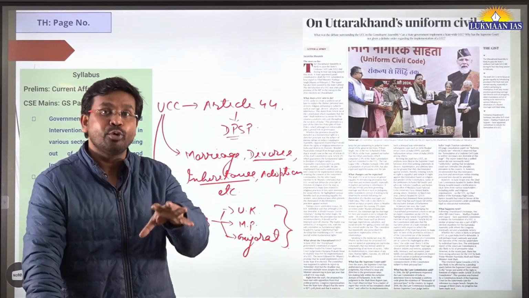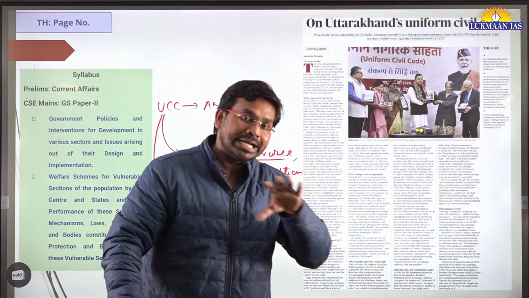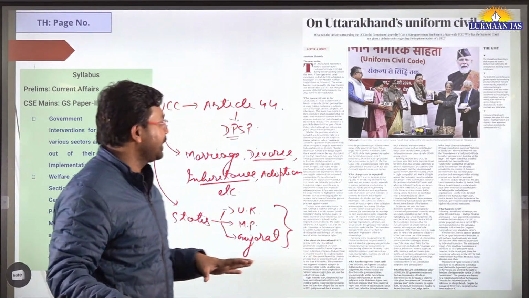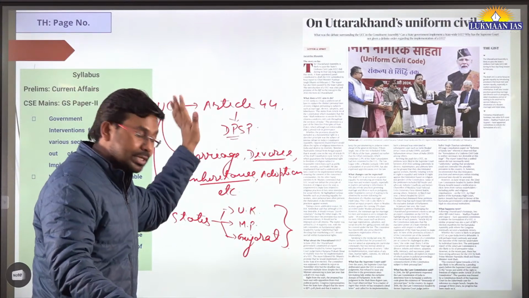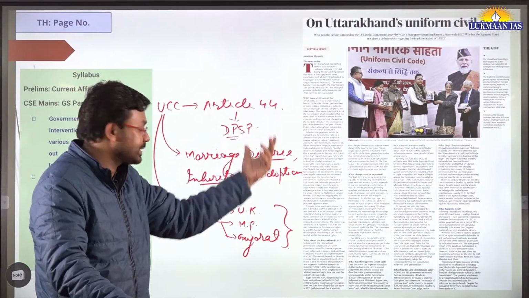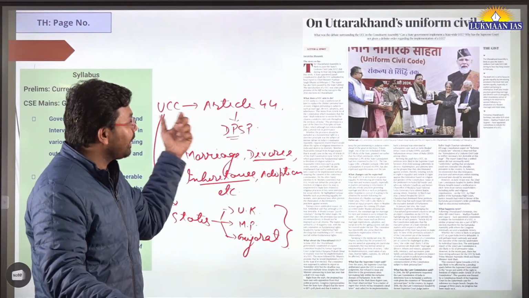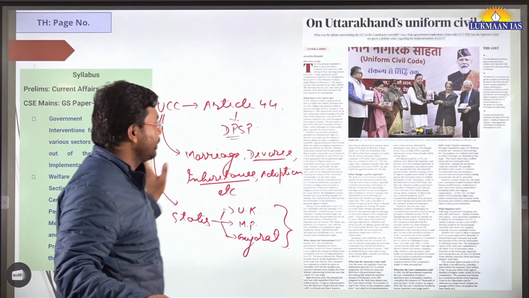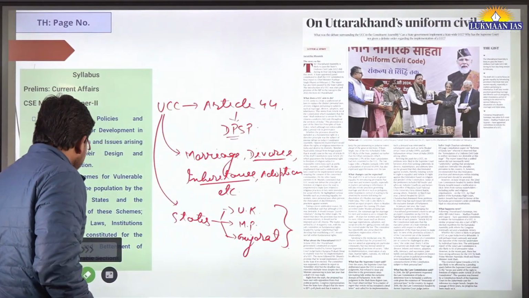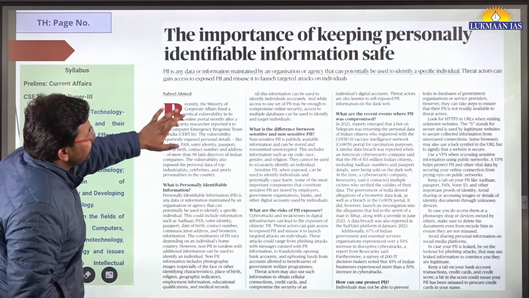It should not be imposed by the state. It should not be imposed by the government on the religious communities, right? So in this article, basically they have discussed about what is uniform civil code. They have discussed in which states it is going to be implemented. They have discussed about how it is going to be implemented in Uttarakhand. So with this, let us move to another article.